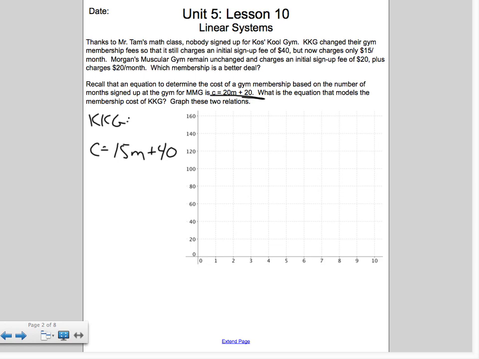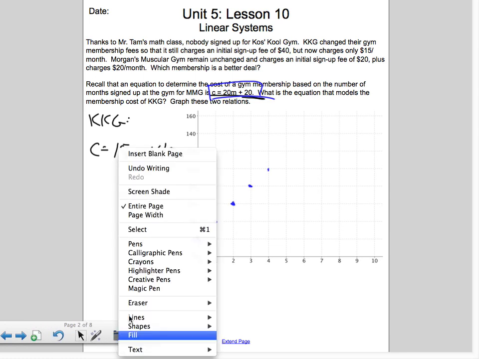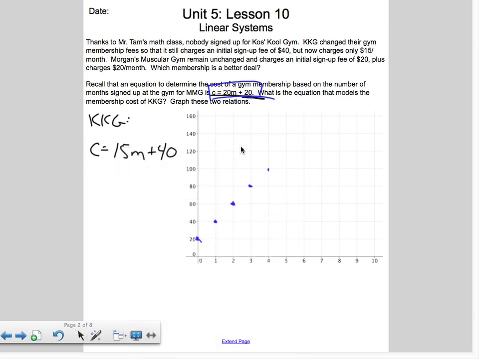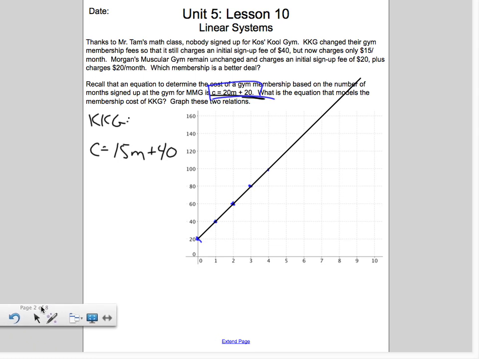I'm going to do Morgan's in blue, and I'll do Cause's in red. So there's 40, and I'll make 30.